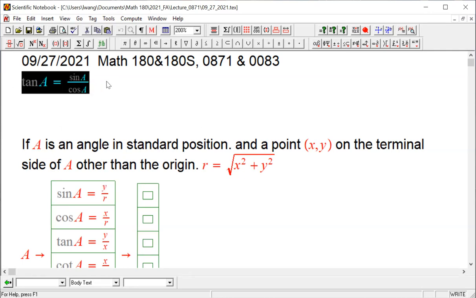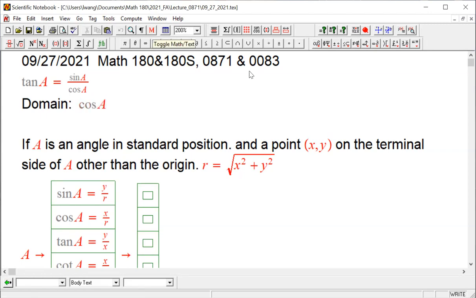So what is the domain for tangent? Cosine A cannot be 0. The domain is where cosine cannot be 0, right? The denominator cannot be 0.